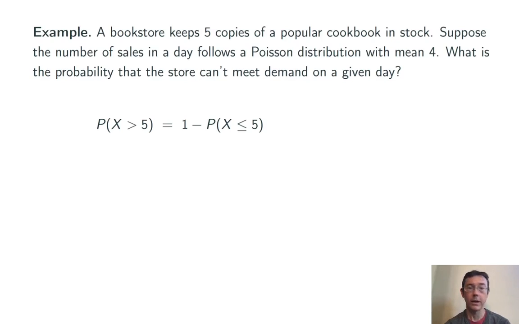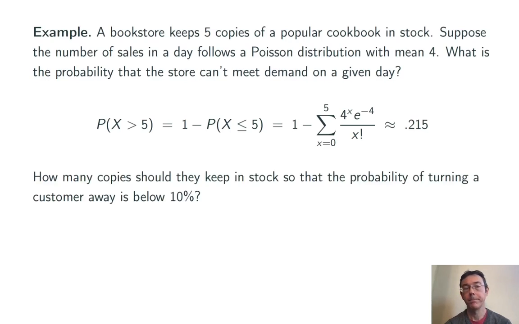Again, we'll do this with a complement, 1 minus the probability that x is less than or equal to 5, that they sell no more than 5 cookbooks. Again, we're going to use that probability mass function, lambda to the x, e to the negative lambda over x factorial, this time plugging in the values between 0 and 5, and of course then subtracting the result from 1. After doing all that arithmetic, we get about 21.5%.